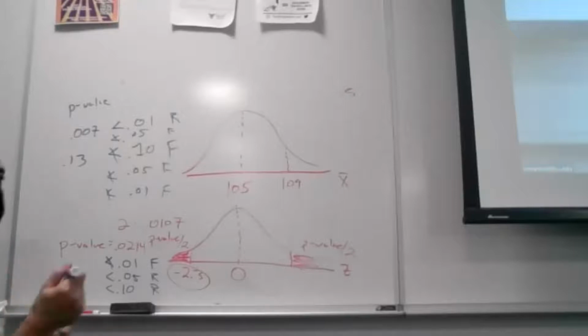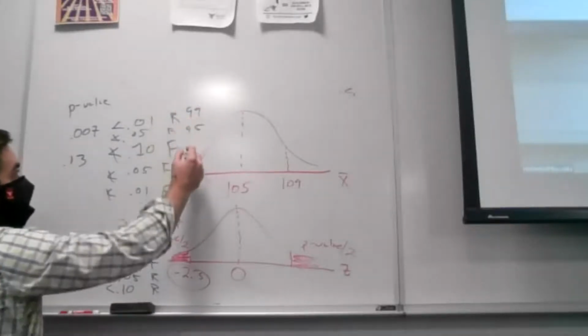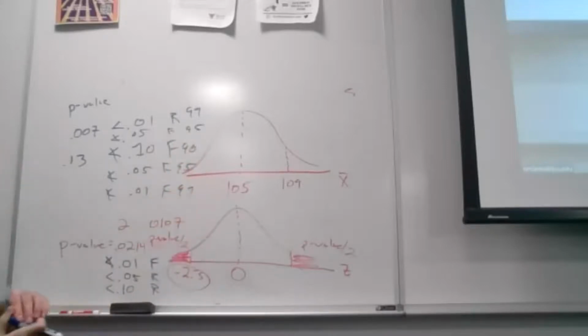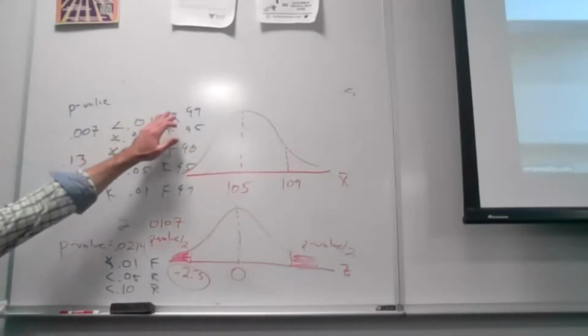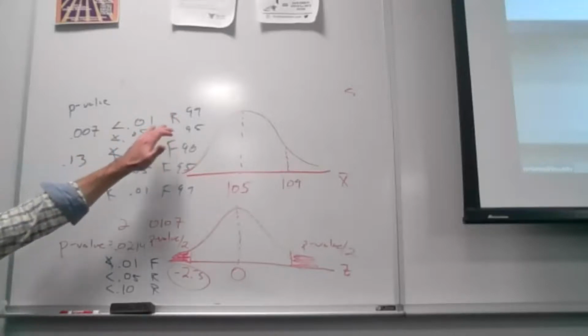One way we can remember why is we can translate these to confidence levels, right? So this was like 99, 95. If I reject at the 99% level, how can I fail to reject with 95% confidence? It doesn't make any sense, right?